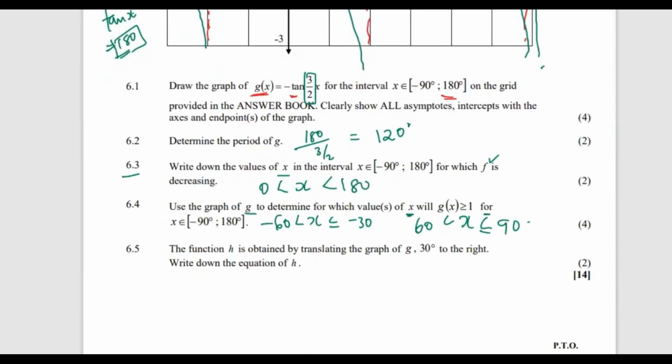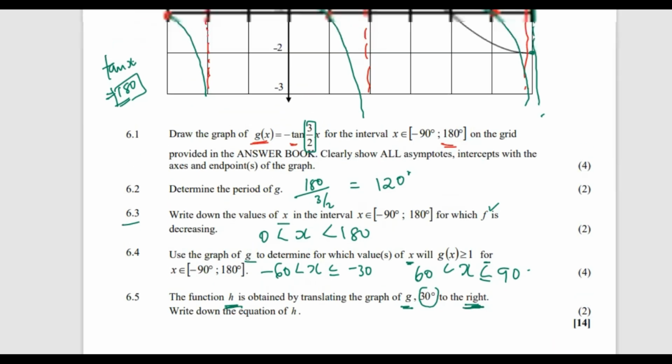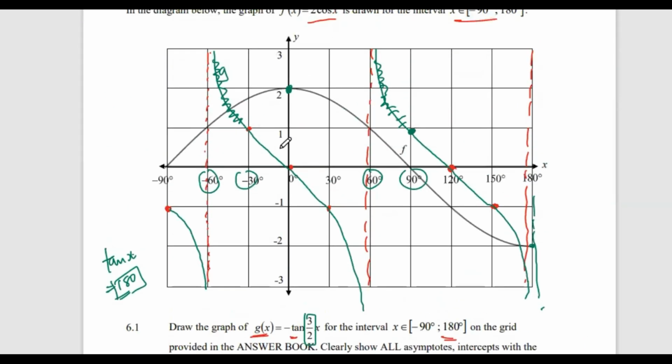Then 6.5. They're telling us that h is a function that is obtained by translating g 30 degrees to the right. They want the equation of h. So we are translating g, which is this tan graph, 30 units to the right, moving it in this direction.